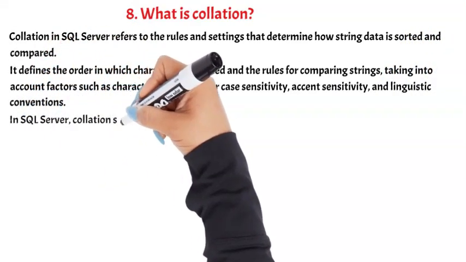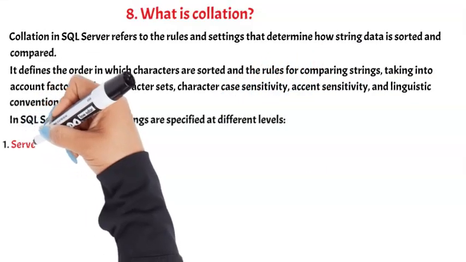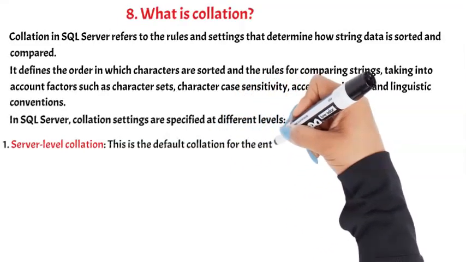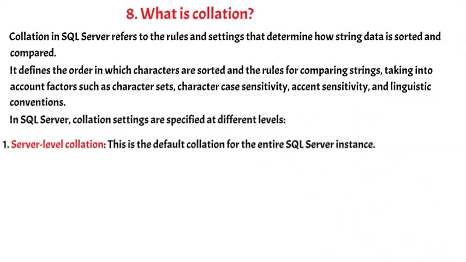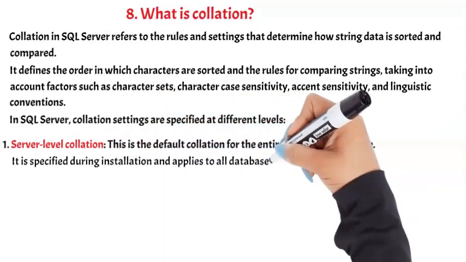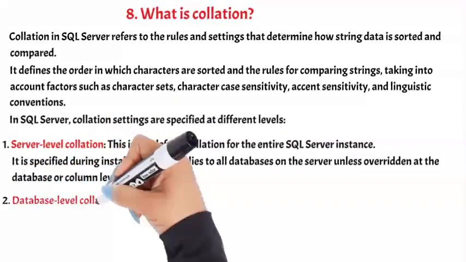In SQL Server, collation settings are specified at different levels. 1. Server-level collation. This is the default collation for the entire SQL Server instance. It is specified during installation and applies to all databases on the server unless overridden at the database or column level. 2. Database-level collation.